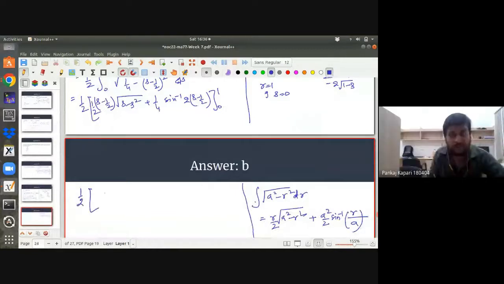So half, put 1 is 1 by 4. In the first part, if you put 1 or 0, it doesn't matter, it will give you 0, right? So the second part is what matters. So 1 by 4, if you put 0 there, you will have sine inverse of minus 1. So what is sine inverse of minus 1? Sine inverse of 1 is pi by 2, so sine inverse of minus 1 is minus pi by 2.